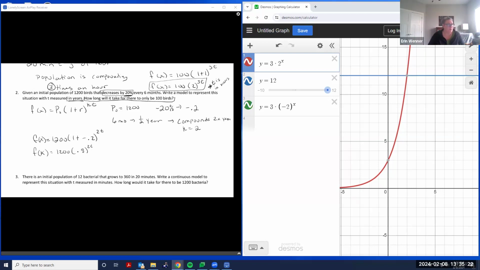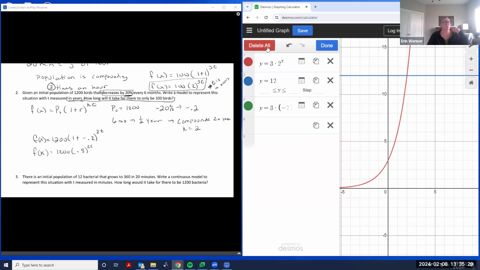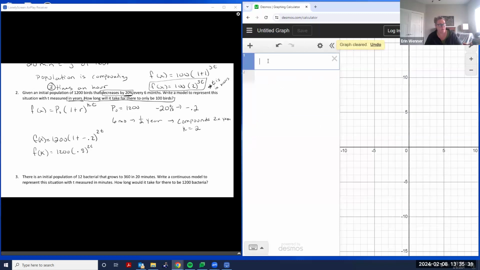So again, we can go over here. Now, as I've said, I show you these tools to help you to monitor your understanding. I want to see that you can solve this with the algebra steps, okay? But if we're thinking about, we want to know when this function equals 100, that means that we are looking at two functions, right?